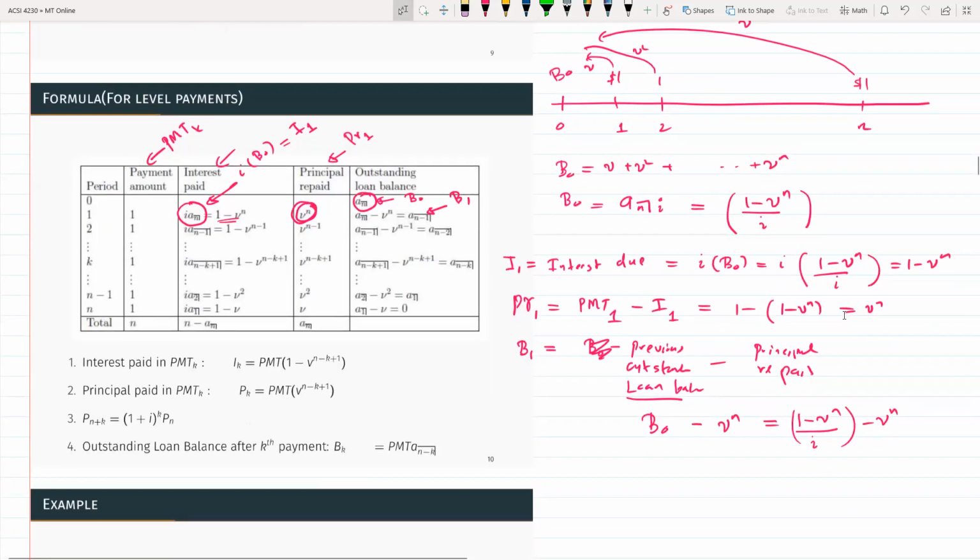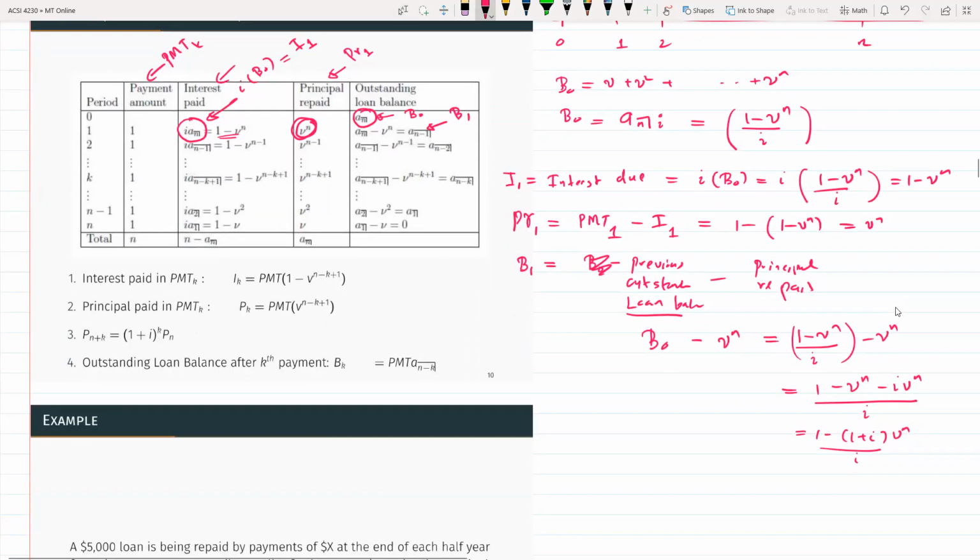So this is 1 minus Vn, and i minus (1 plus i) to the Vn over i, which is going to be, remember, 1 plus i times v is 1.